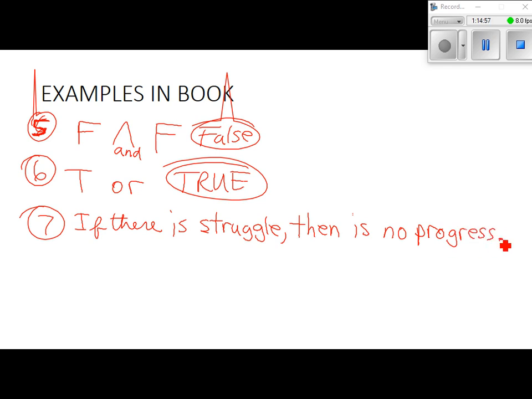In other words, if you get something easy, you probably didn't really gain anything. What's the hypothesis? There's no struggle. That's your hypothesis. What's the conclusion? There's no progress.